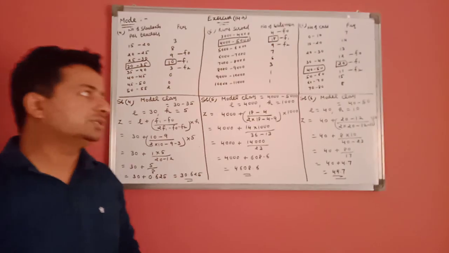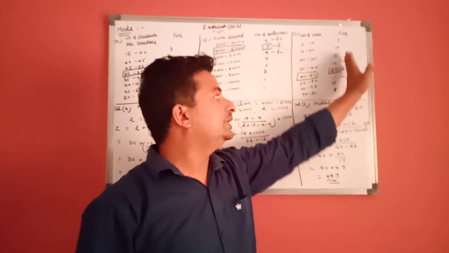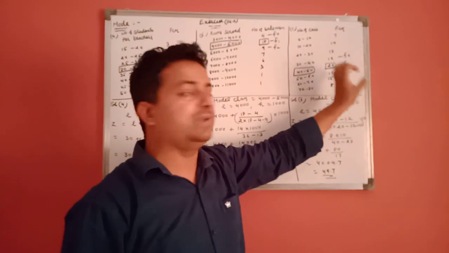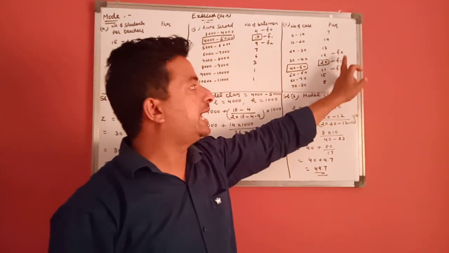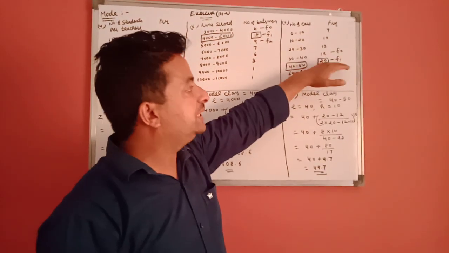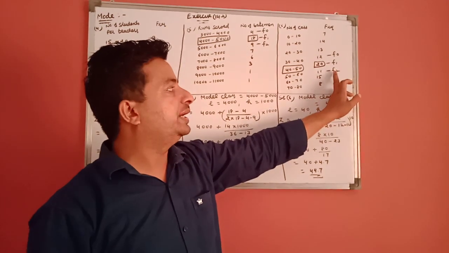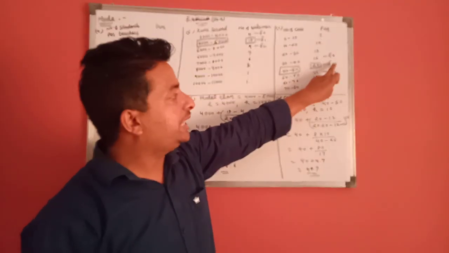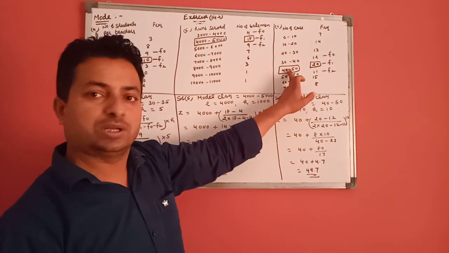In all these questions, first we find in the frequency table the largest value and denote this largest value as f1, and above this value we get f0, below this value we get f2. In the same horizontal line as f1, we find the modal class.